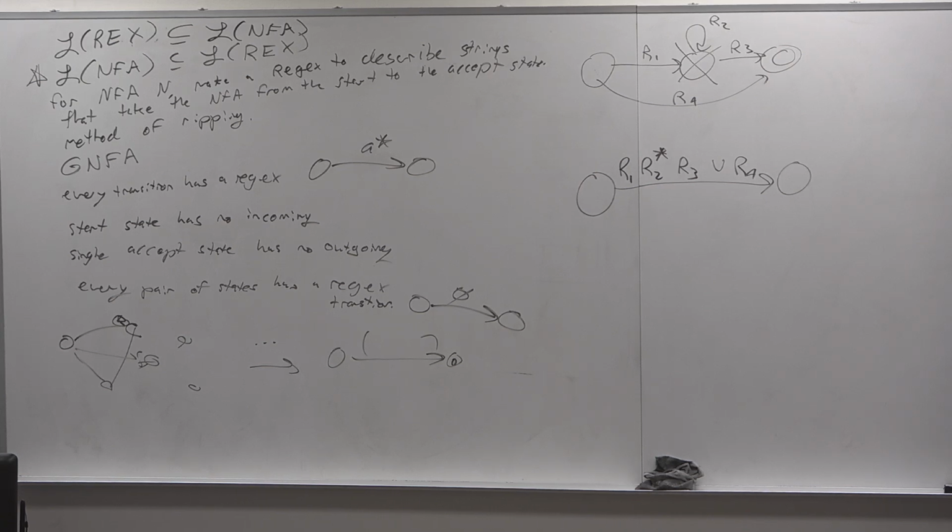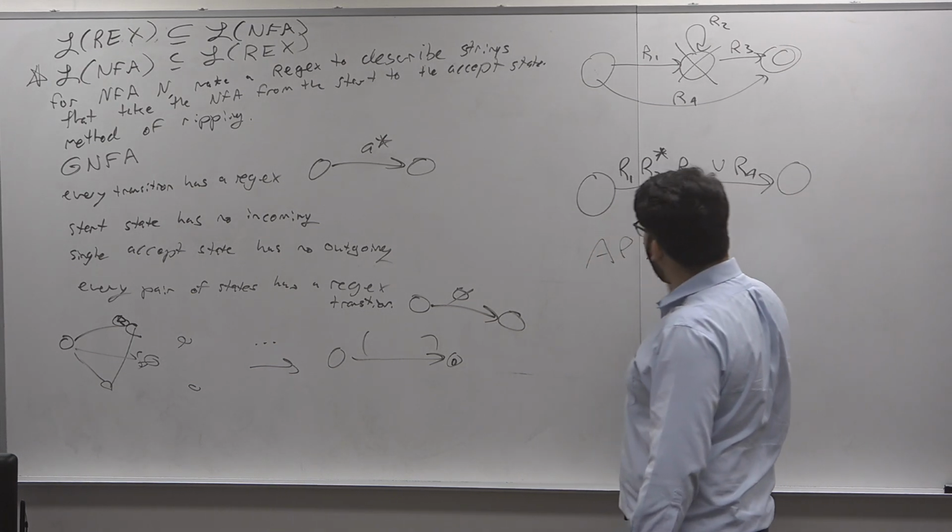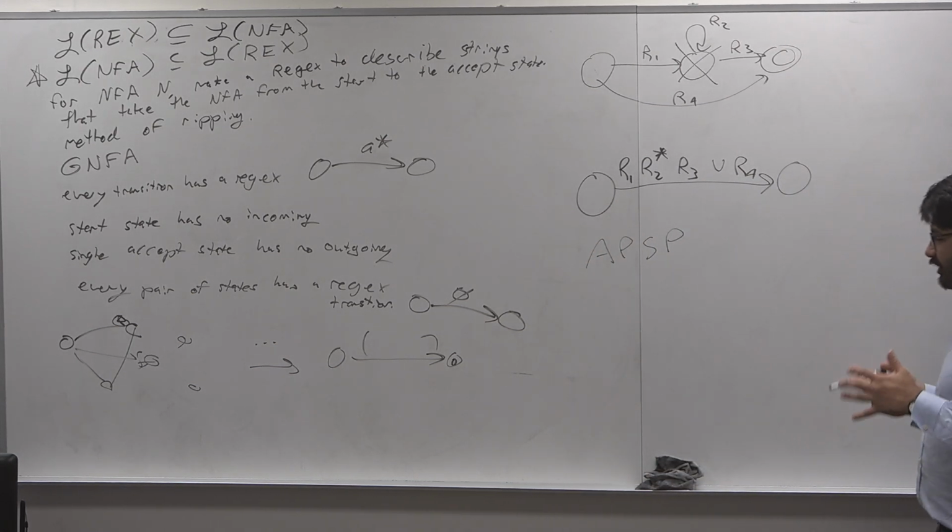I'll tell you, basically, the history of this thing is like, Kleene came up with this method first. Bobby Floyd saw this and was like, actually, I can use that to compute the all pairs shortest path problem. So all pairs shortest path, this is a slight tangent. All pairs shortest path is, can you determine for every possible pair of nodes, the shortest distance between those two nodes, including in the case that there's negative edge weights.